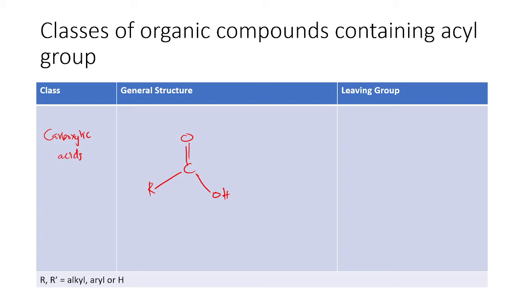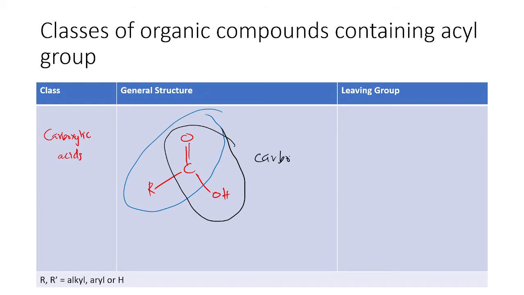So, of all acyl compounds, ito lang yung merong special na group. So, kanina, ang sabi natin, itong part na to, ito yung tinatawag nating acyl group. But for carboxylic acids, we actually have this group again. And this group is what we call the carboxyl group. Okay?